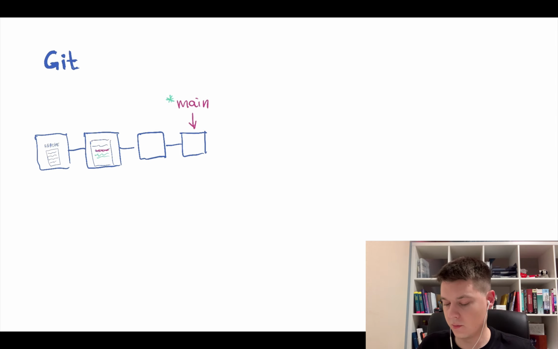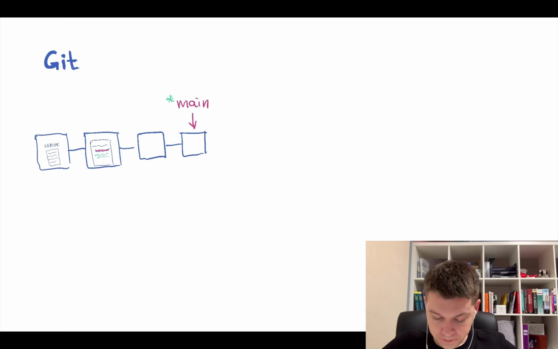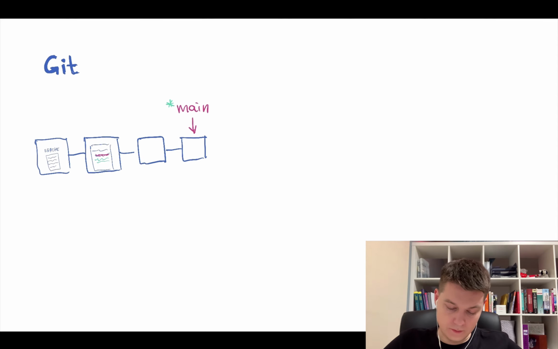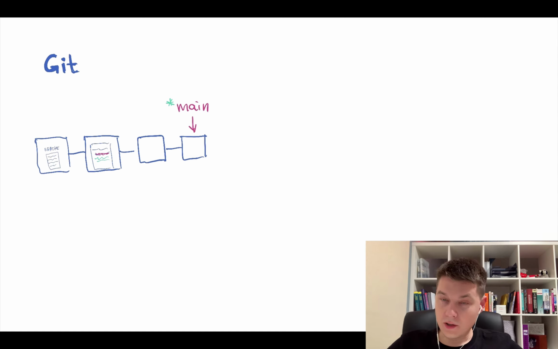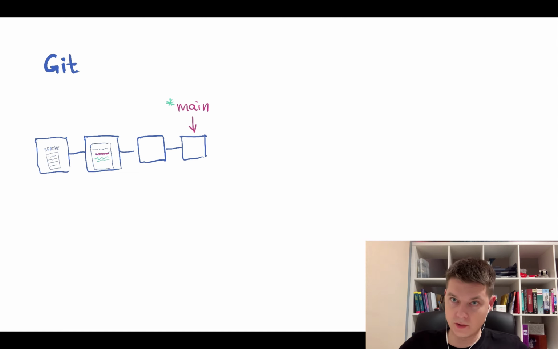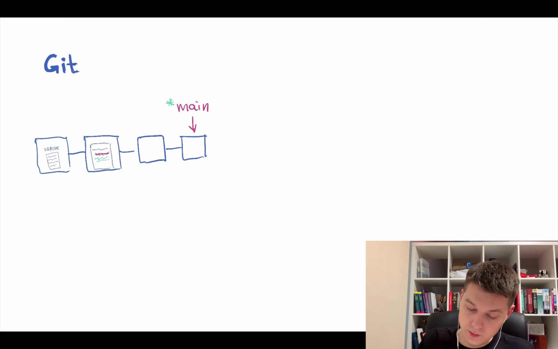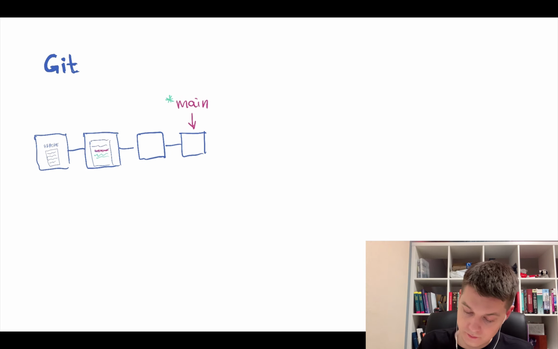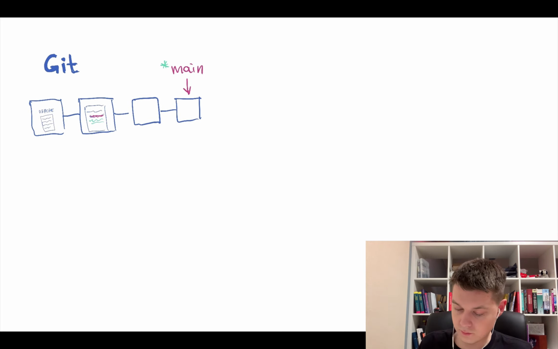We added a new commit, and our main branch moved with us. For our convenience, and branch is a very useful thing, you will see it later, we could create more branches. We can have as many branches as we want, right?